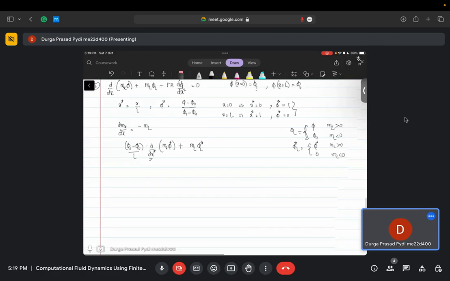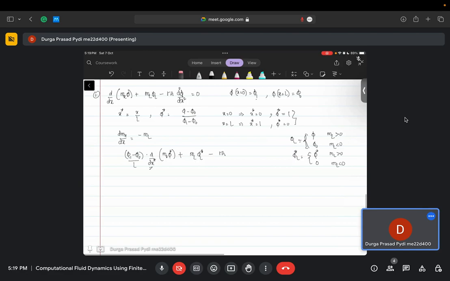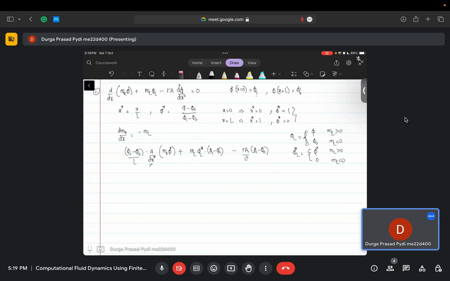I am just writing phi L star minus gamma A by L square, so once I write phi star here, I will have my additional term phi L star into phi 1 minus phi 0, times d square phi star by dx star square, equals 0.